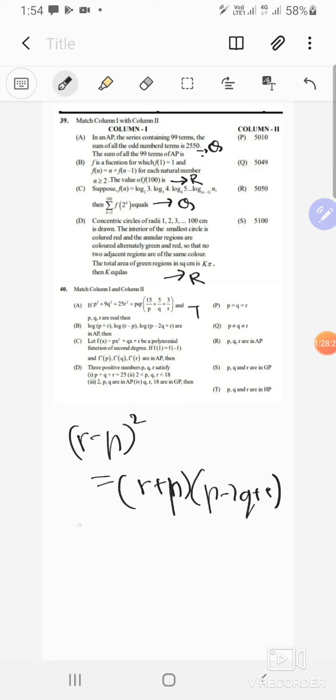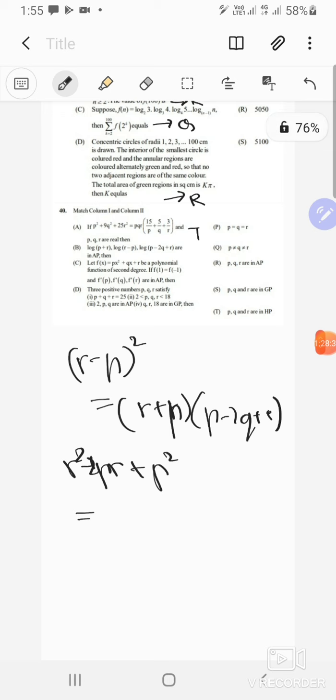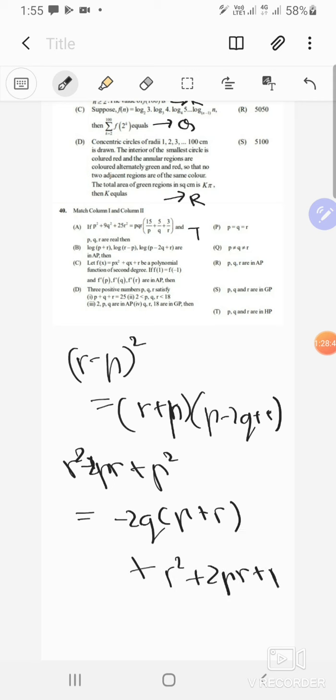So we get r squared minus 2pr plus p squared is equal to, we got minus 2q into (p plus r) plus r squared plus 2pr plus p squared. Okay, so this cancels with that.